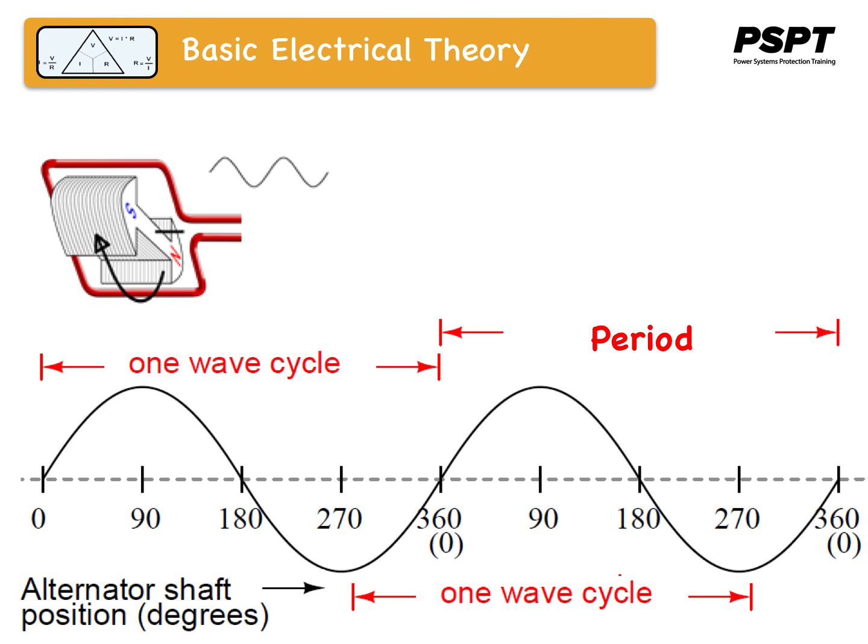The period of a wave in degrees is always 360 degrees, but the amount of time one period occupies depends on the rate of voltage or current oscillations back and forth.